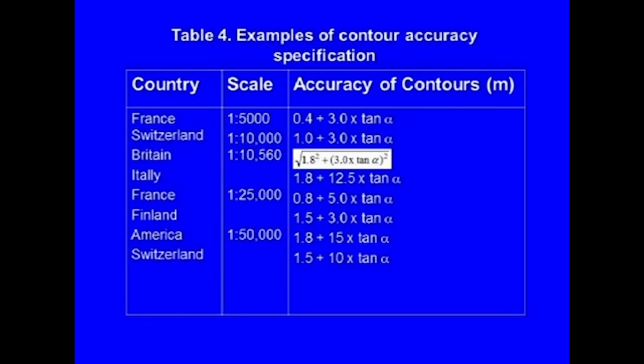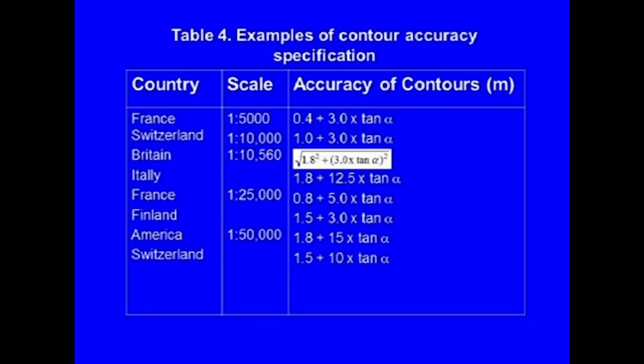In Switzerland, at a scale of 1:10,000, this could be 1.0 + 3 tan α. In Britain, where the scale is 1:10,560, the accuracy of the contours can be expressed as the square root of (1.8² + (3 tan α)²).